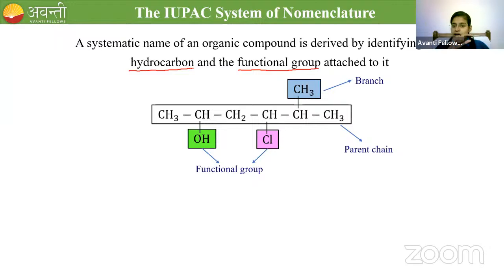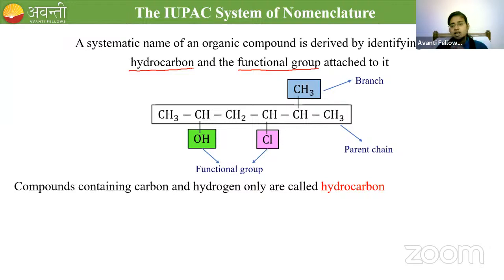The parent chain is made up of hydrocarbon. In the parent chain, we have only hydrogen and carbon, right? Compounds containing carbon and hydrogen only are called hydrocarbons. In this molecule, we have only carbon-carbon single bonds. If only carbon-carbon single bonds are present, then it is a saturated compound.